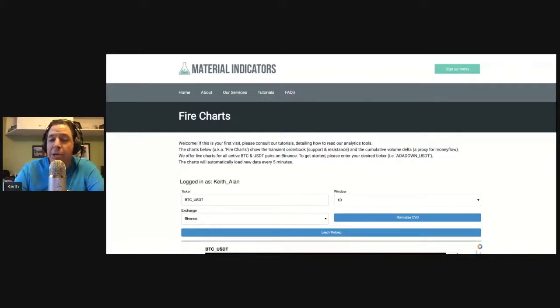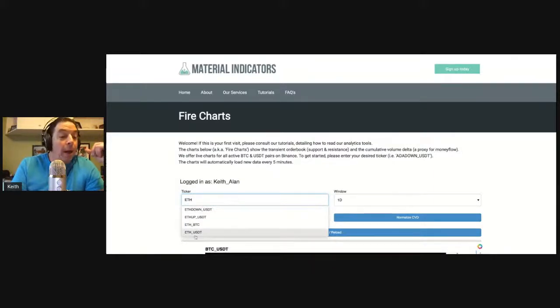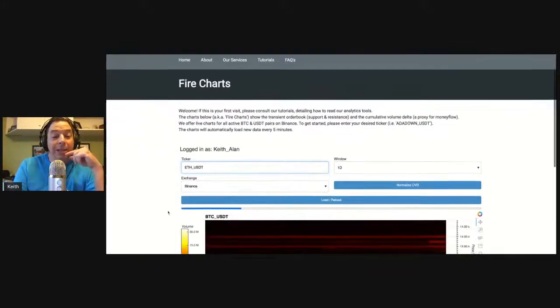Again, this is speculative insight, not trading advice, but certainly something you're going to want to be in tune to. Let me flip back to my fire chart because I've switched screens. Okay. So ETH, let's take a look at an ETH chart and see what's happening because it did just blast. Ether, USDT.